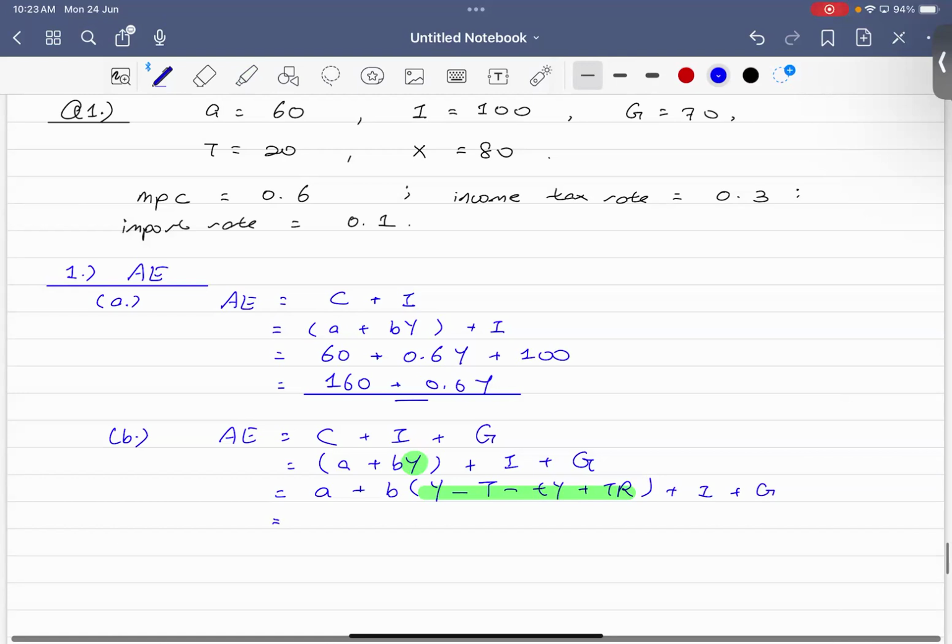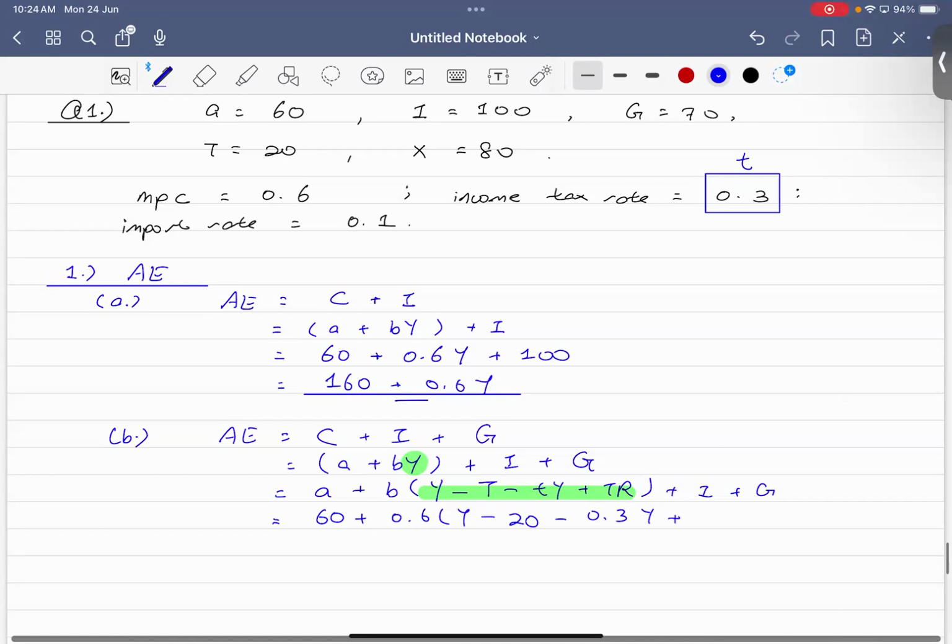So autonomous consumption is 60 plus B, here MPC 0.6, Y minus autonomous tax 20, induced tax, so income tax rate, this is the smaller t here. That means this is the induced tax 0.3Y. So every $1 that you earn, you are paying 30 cents for taxes. That's what 0.3Y means.